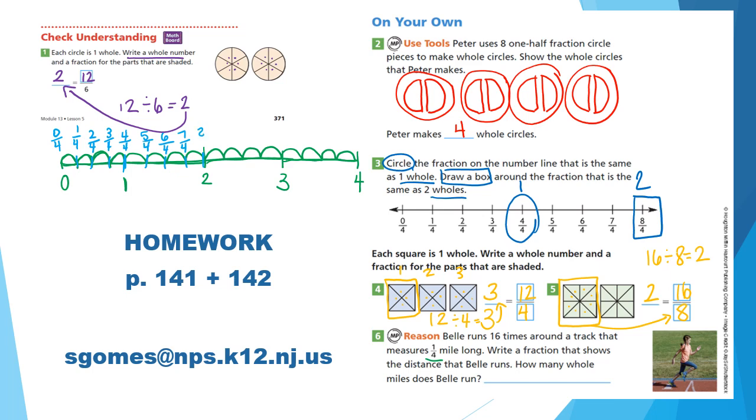And my 8/4, because 8 divided by 4 is 2, should line up with my 2 whole miles. Still counting by fourths. I am adding 1 extra part on my numerator each time that I count. And now look at that, 3 whole miles, 3 whole miles is 12/4. 12 divided by 4 is 3.